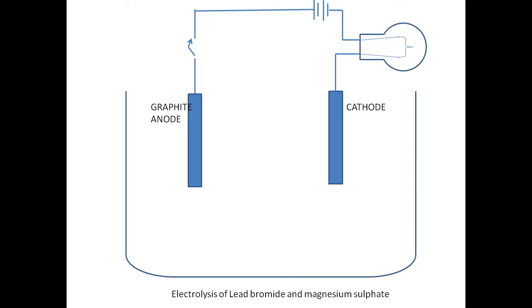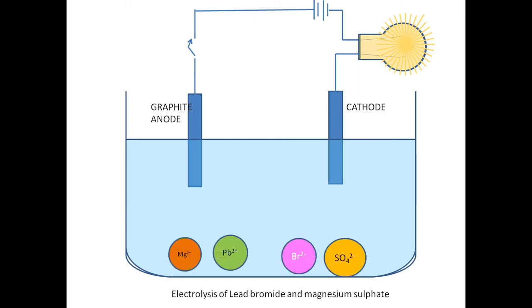Since there are two compounds, two cations will be formed during electrolysis and two anions will be formed during electrolysis. If we add the solution of lead bromide and magnesium sulfate, these two compounds will form four types of ions in it.